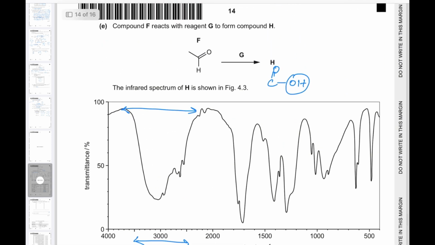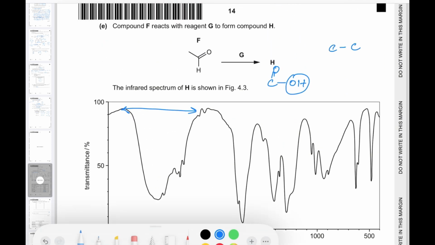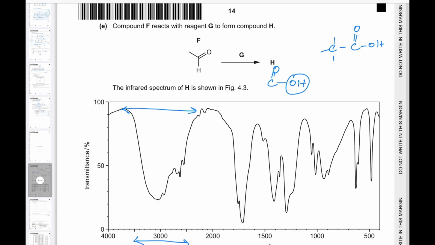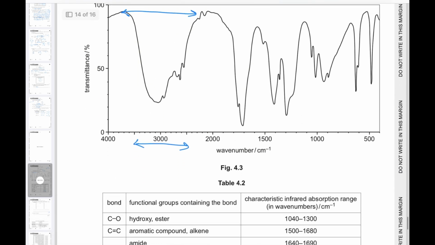So we already know that H is going to have 2 carbon atoms, and one of them is going to be part of the carboxylic acid group. So it is likely that this is the structure of H, but we need to make sure we cover all the angles and give enough reasons to score all 3 marks.